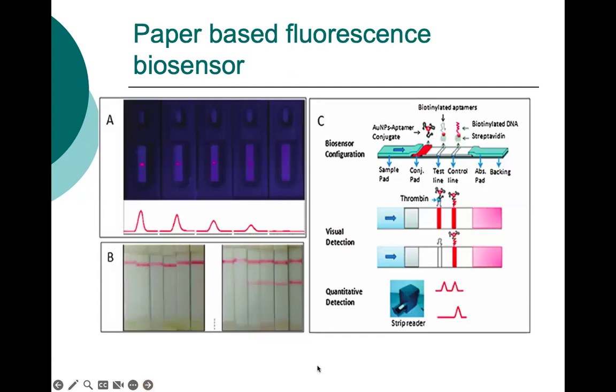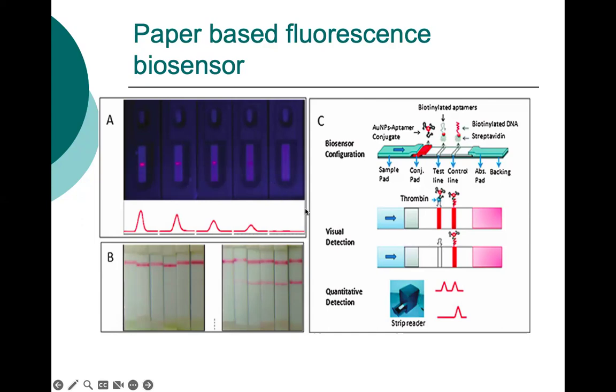If we are used to rapid test kits with gold nanoparticles, the quantum dot as well can be used to develop rapid test kits. You can see here, this is the rapid test kit being developed based on quantum dot. In order to see the lines, it has to be under a UV lamp, so that the fluorescence of the quantum dots can be observed.